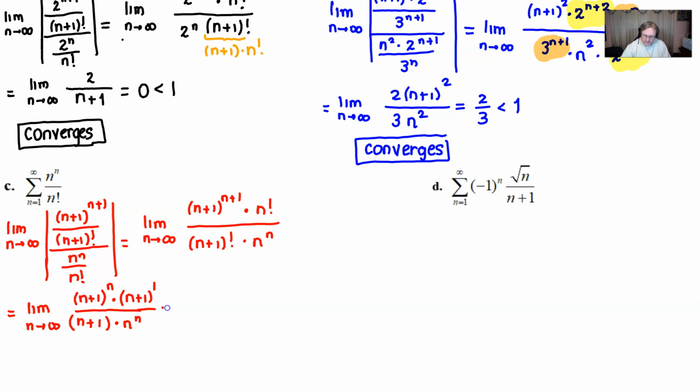So basically, you can see that the n plus 1's cancel, and then you're left with something that may or may not look familiar. You're essentially left with, I'm going to highlight it here in blue, this numerator over this denominator. And if you notice, they both have a power of n, so I could write this as n plus 1 all over n, raised to the n.